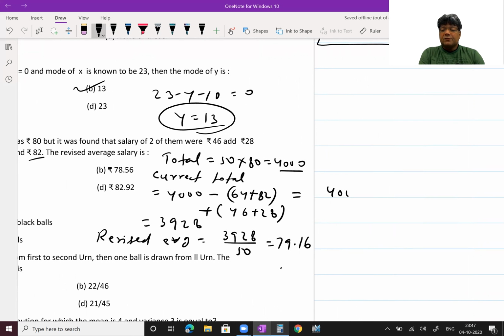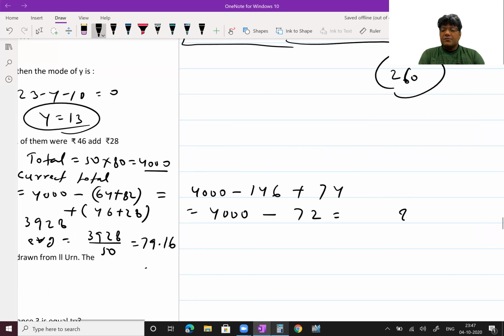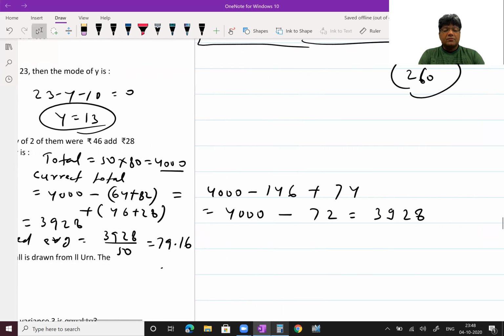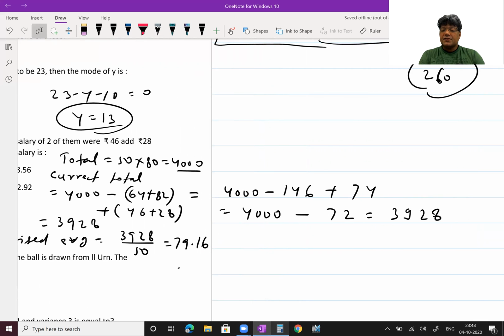This is equal to 4,000 minus 64 minus 82 plus 46 plus 28. So 3928 only.